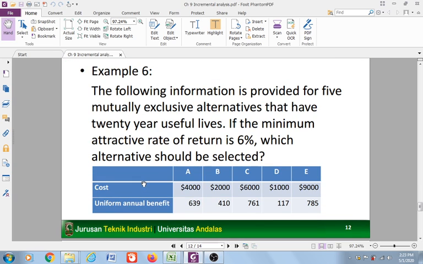So we have 5 alternatives: alternative A, B, C, D, and E, and each alternative has a useful life of 20 years. And the MARR, the minimum attractive rate of return that we want, is 6%. Okay, so I will copy the cash flow into Excel, so it is easier for me to calculate.